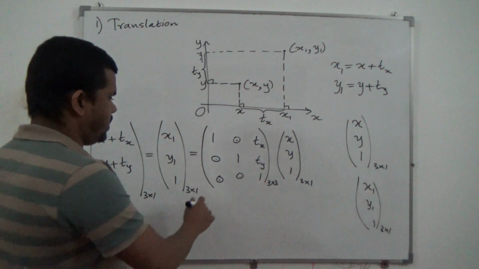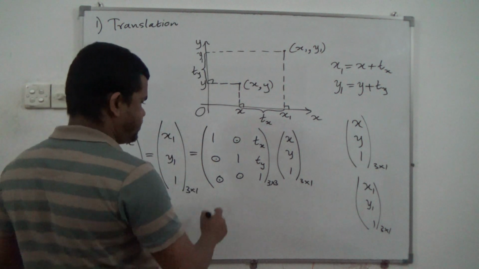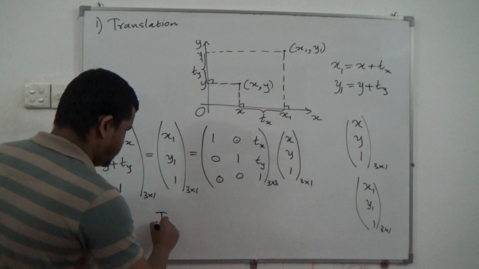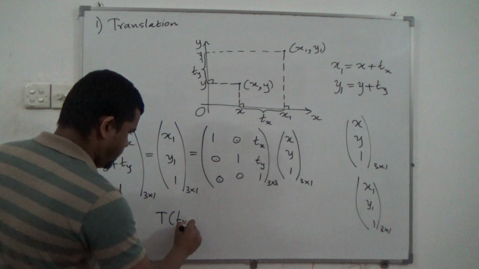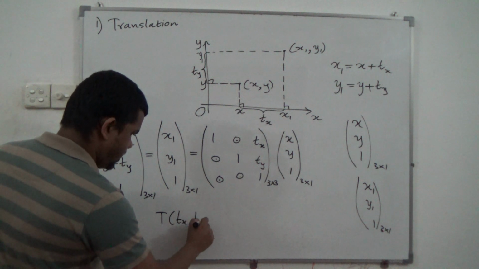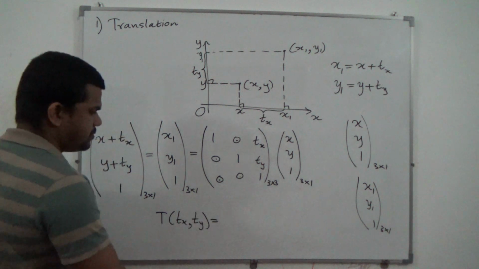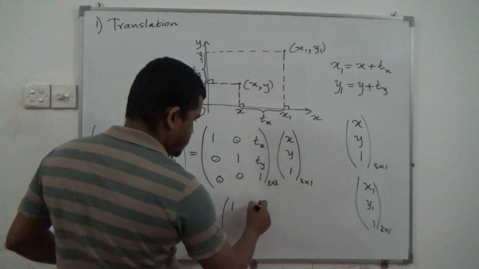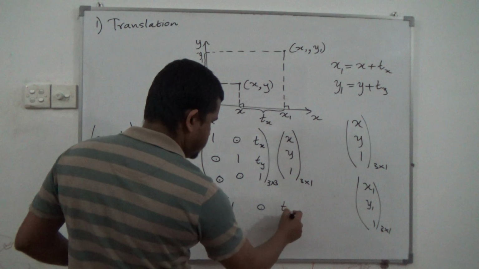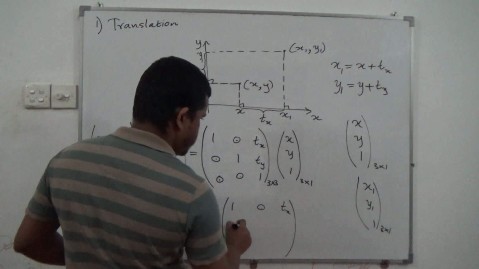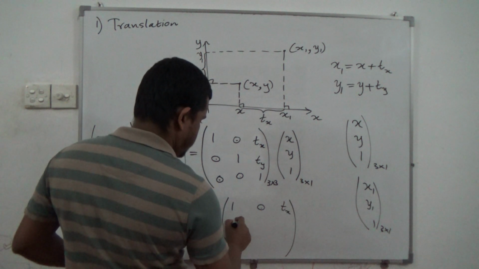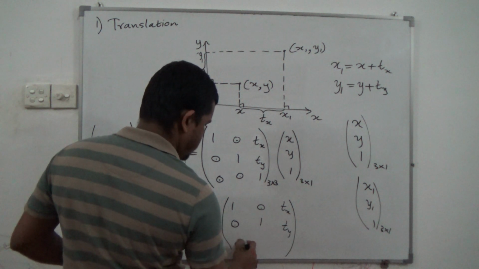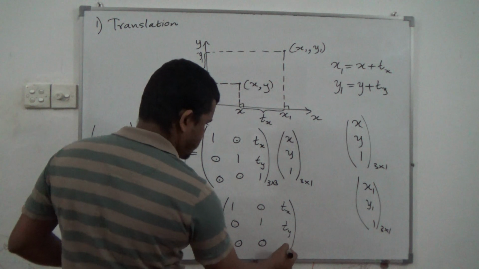Now we represent this matrix like this: tx, ty, with rows 1, 0, tx; 0, 1, ty; 0, 0, 1.